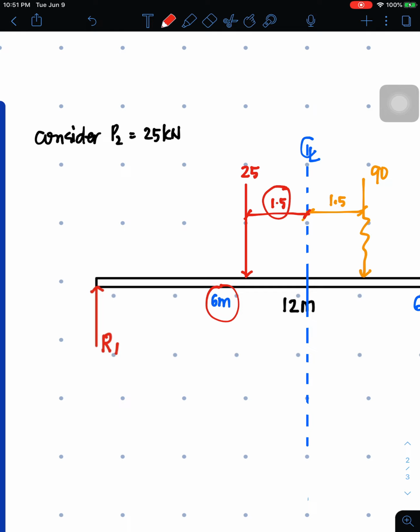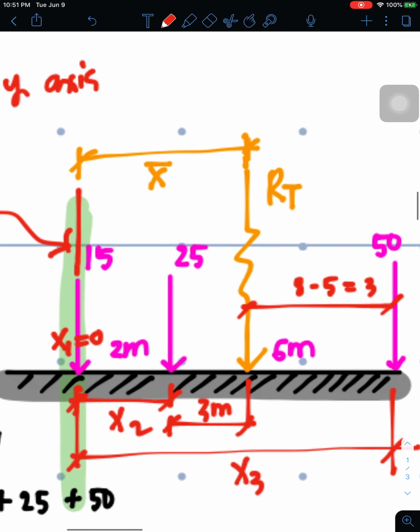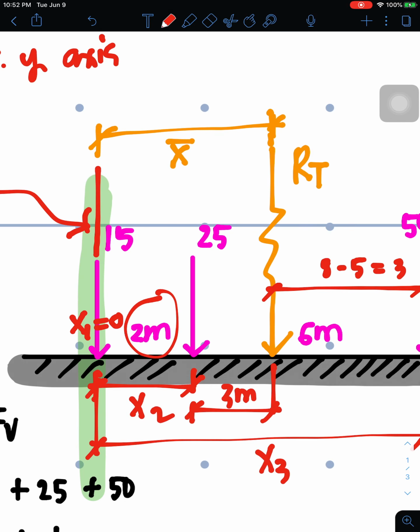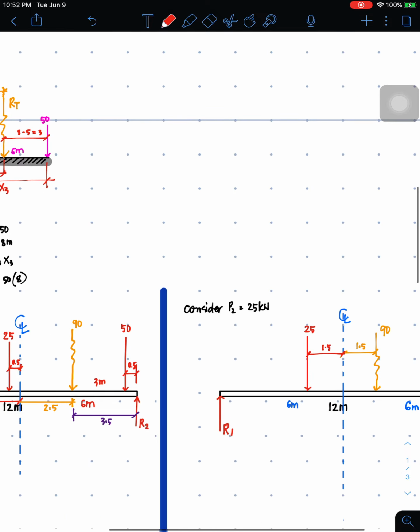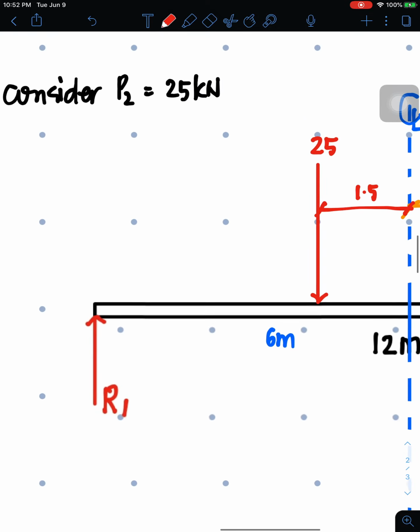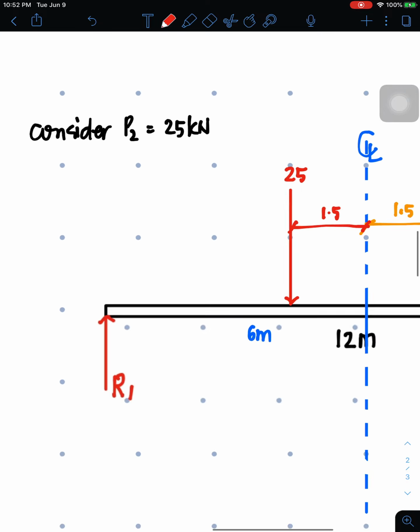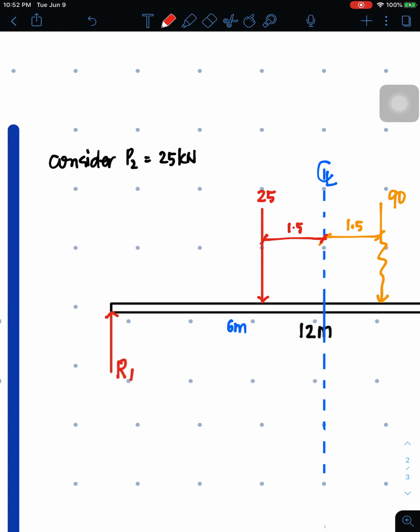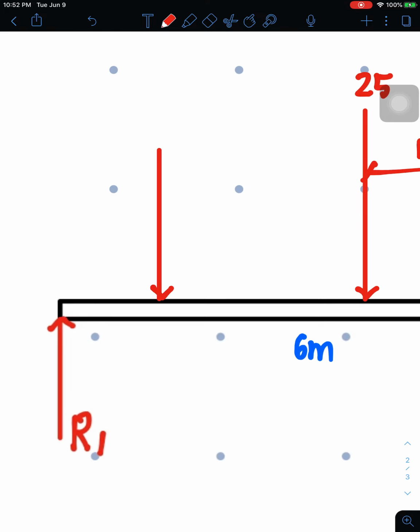4.5 distance. But what is the distance between 25 and 15 load? So 25 and 15 load measures 2 meters apart. So basically, 15 is also part of the system. So I'll just place here 15 here.